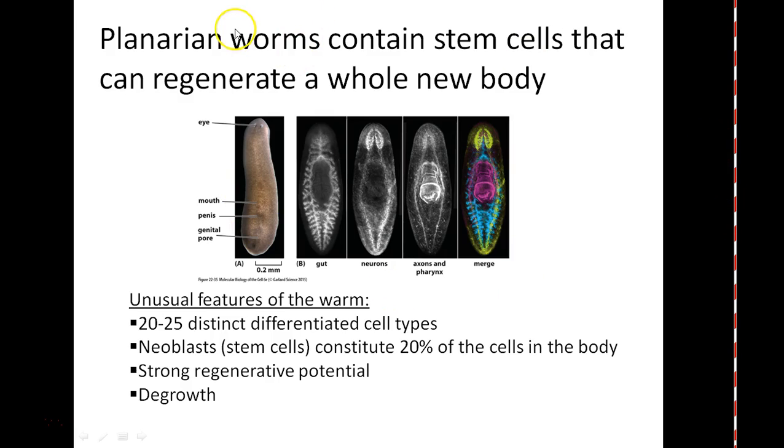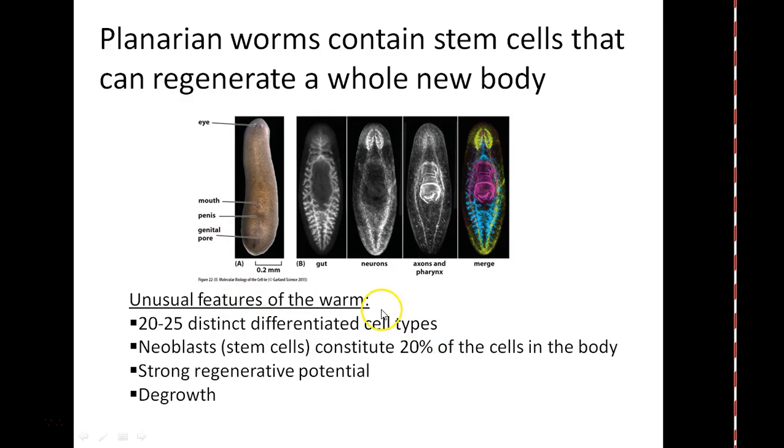And in this case, this is the planarian worm, so a very small, very simple worm living in fresh water. And it has a very simple structure. It has 20 to 25 distinct differentiated cell types.